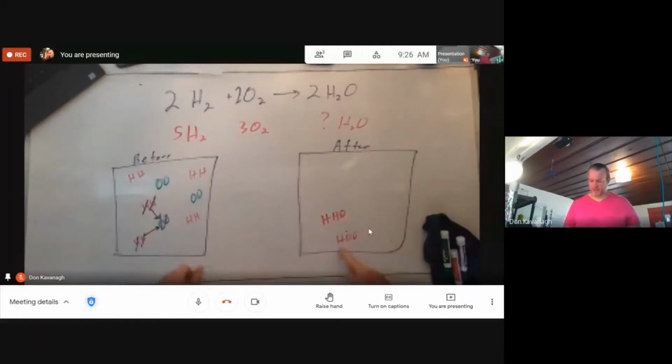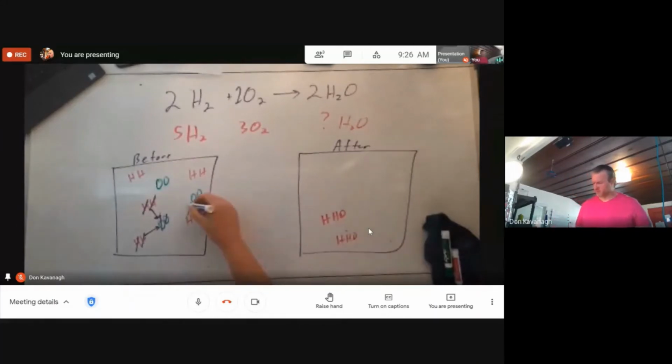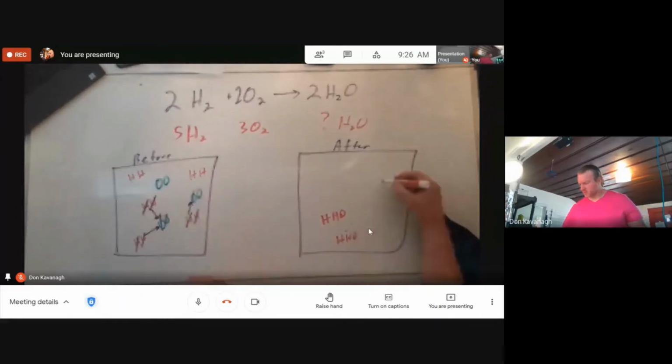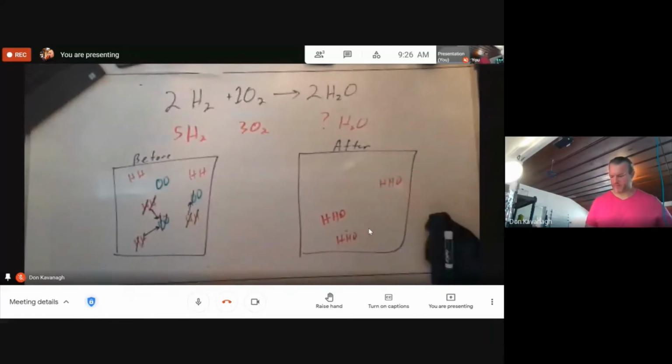This hydrogen, H2, could collide there and produce another H2O. And then finally, we have H2O tallied up here.